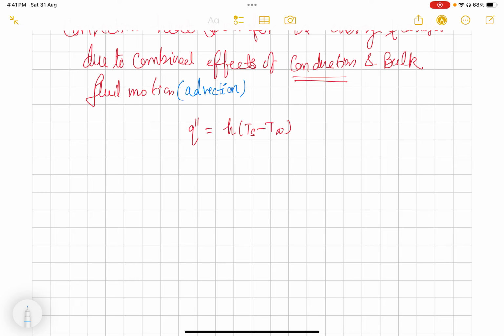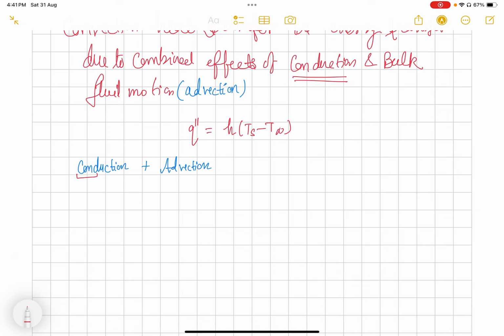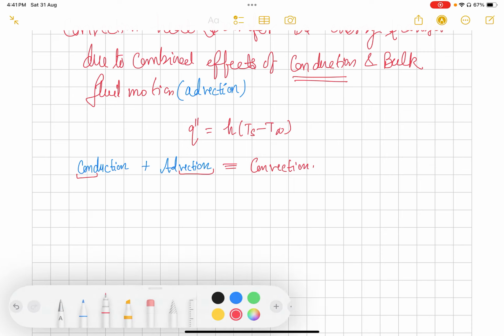So if we combine conduction and advection, we can see here that convection is derived from this and from here. So that's how convection has been derived.